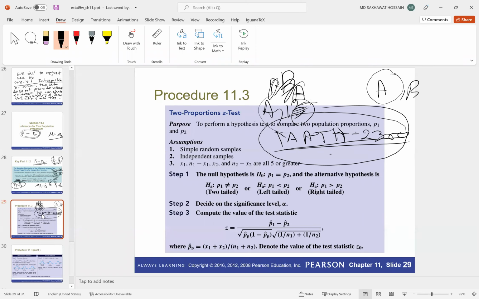We compare these two percentages to determine which class performs better, online or face-to-face.